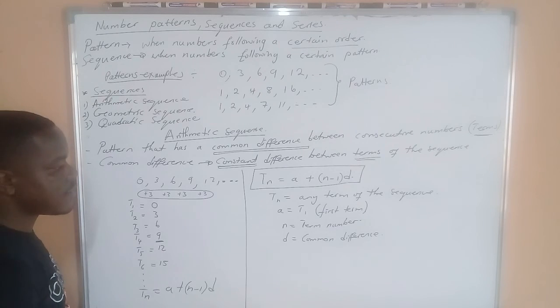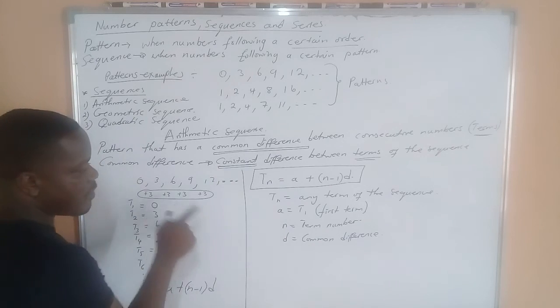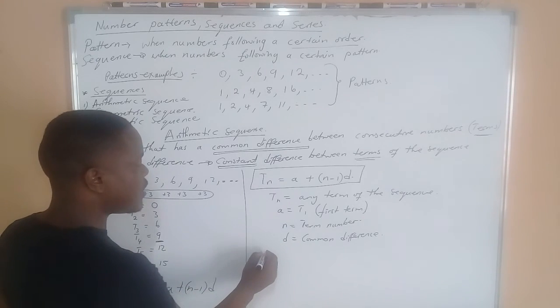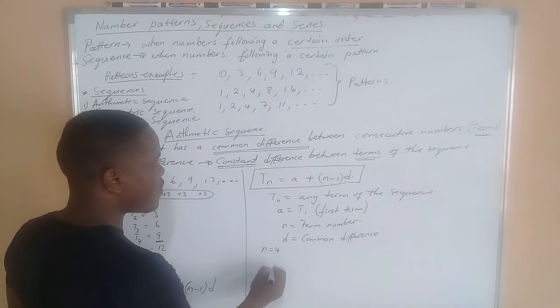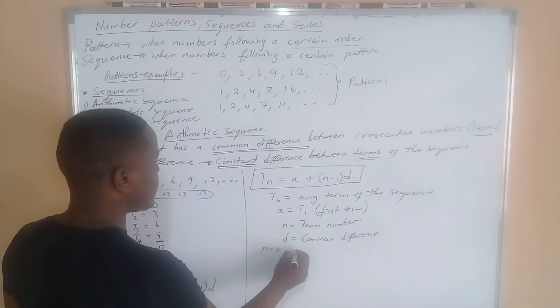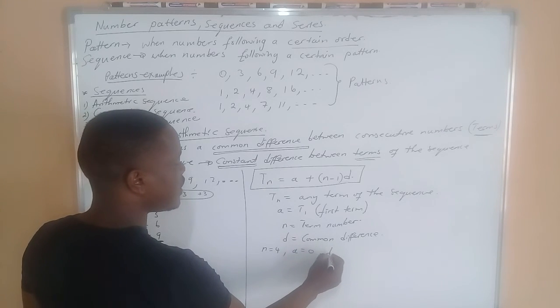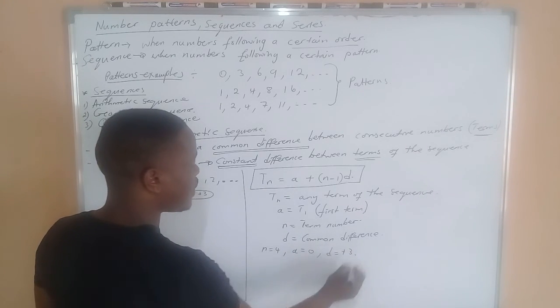So n is equal to 4, a is equal to 0, and our common difference d is equal to plus 3.